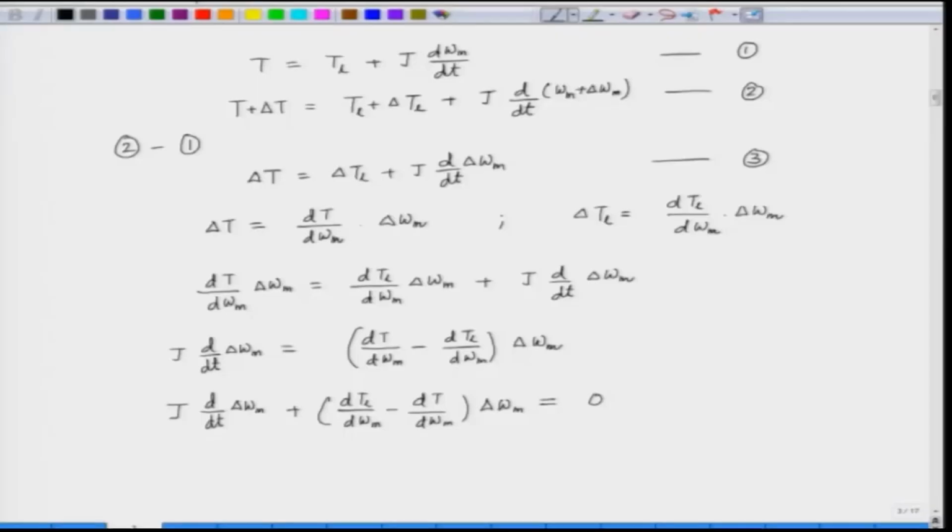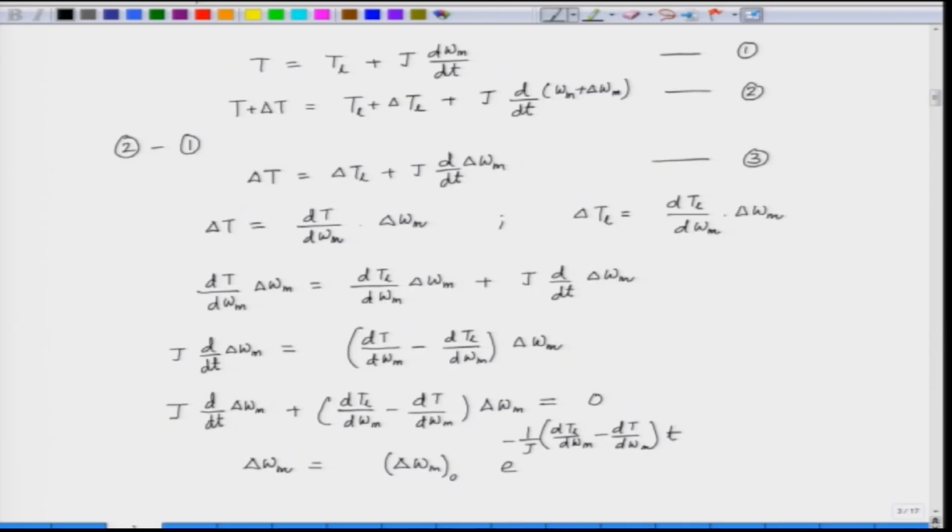The solution will be of this sort: delta omega m is equal to delta omega m naught, the initial value, into 1 minus exponential of minus dTL by d omega m minus dT by d omega m, times 1 by J, into t.